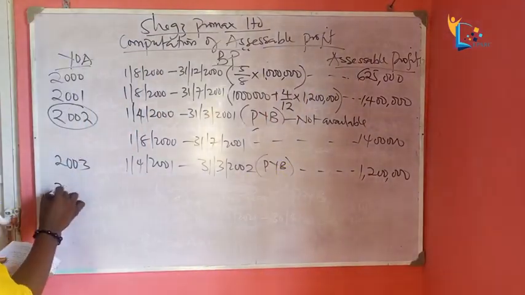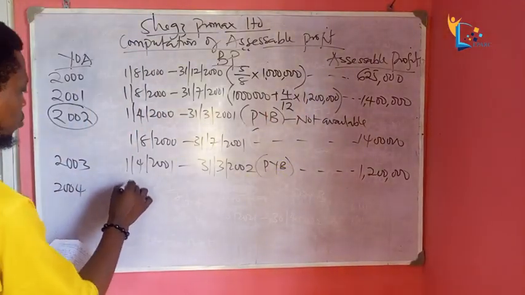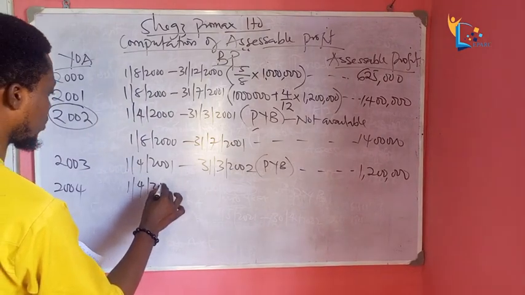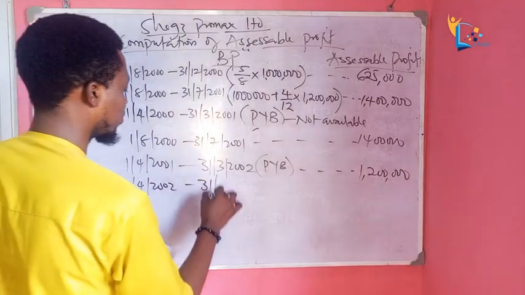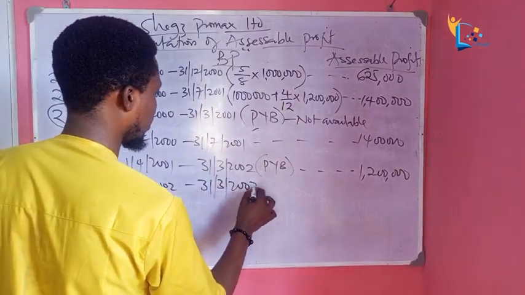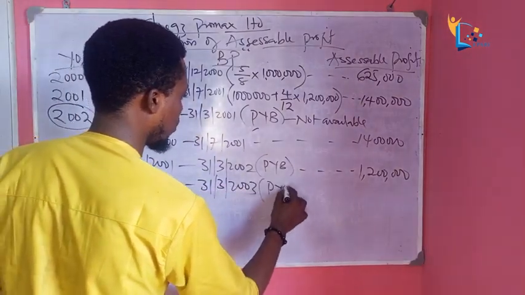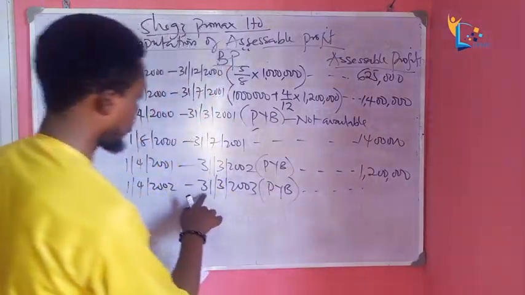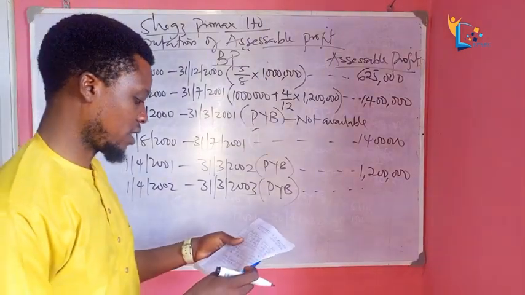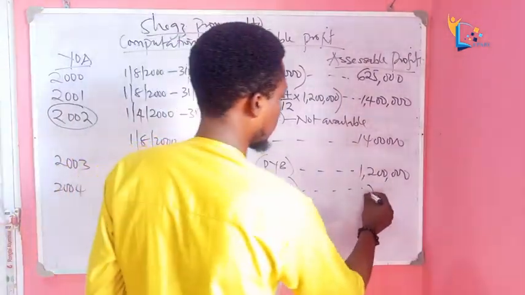Okay, so 2004. Preceding year basis will be 1st of April 2002 to 31st March 2003. Preceding year basis as well. Do we have any information for the year ended 31st March 2003? Yes, we have 200,000.